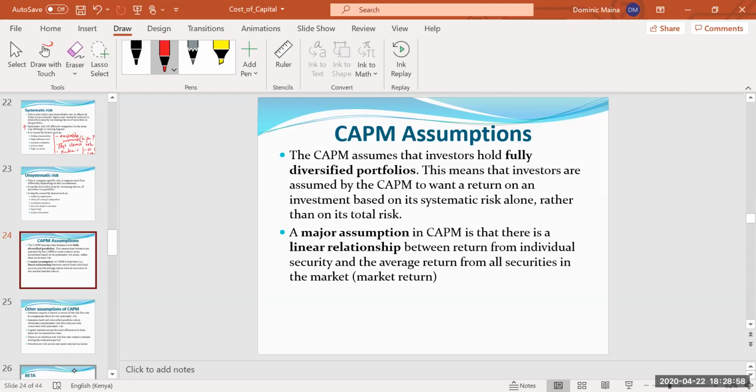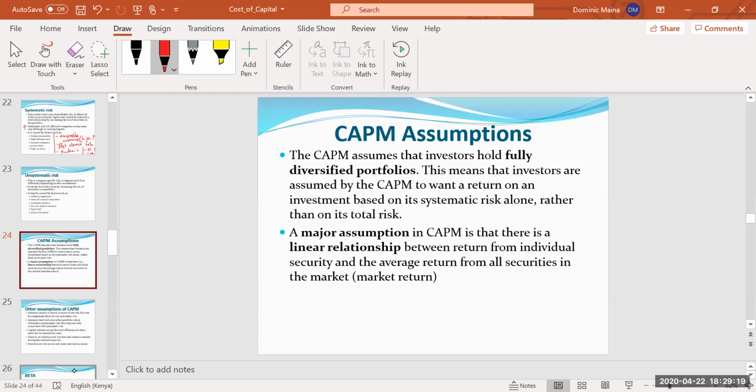Then you have another assumption we use here, what we call linearity, in trying to assess the return and the risk. I think I already mentioned that. Generally, if you compare the risk of the entire market, how much risk exposure does it have?